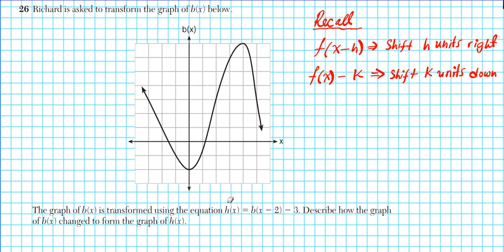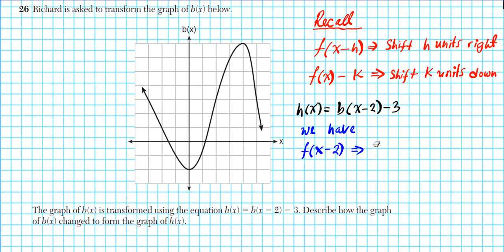Okay? Now, in this problem, we have the transformed function h of x, which is b of x minus 2 minus 3. Here we have b of x minus 2. Now, what does this one tell us?